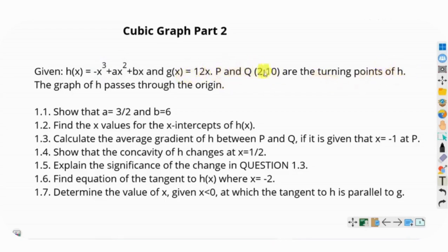P and Q are the turning points of the graph of h, and the graph of h passes through the origin. Okay, 1.1: show that a equals 3 over 2 and b equals positive 6. Okay, let us do that.